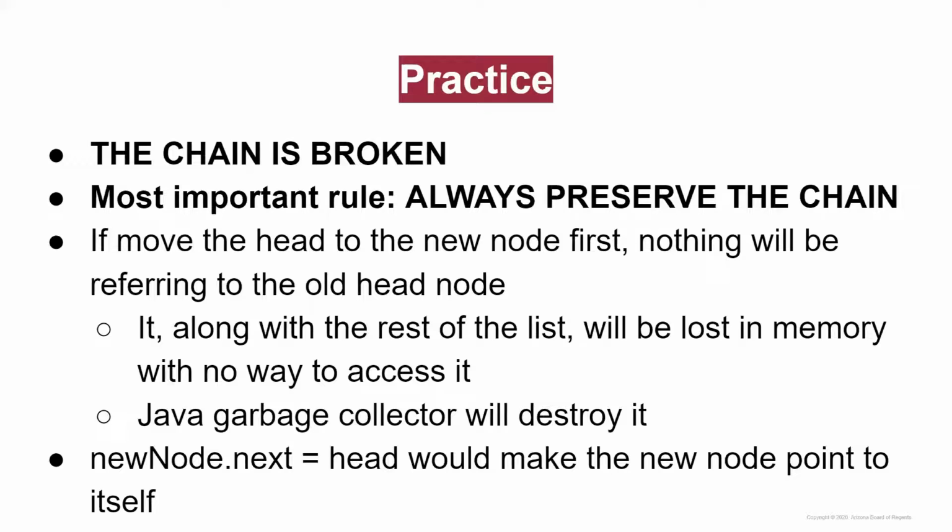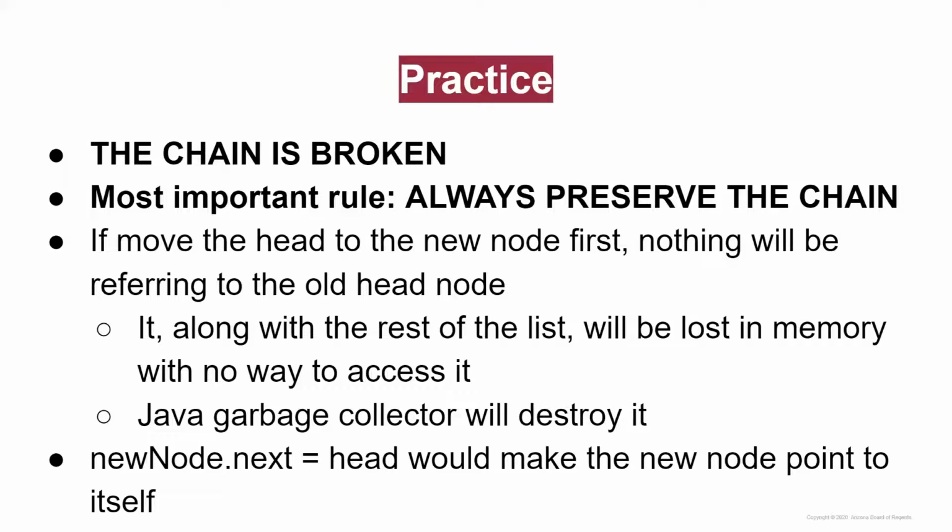Because if you break that chain, you've severed the linked list and it isn't working as a data structure anymore. Something in there probably doesn't have a reference, and it's probably going to be deleted by the garbage collector, and thus whatever it was pointing to is going to be deleted, and it's going to be a huge chain reaction, no pun intended, although it makes sense, because that's what it is. It's a chain.